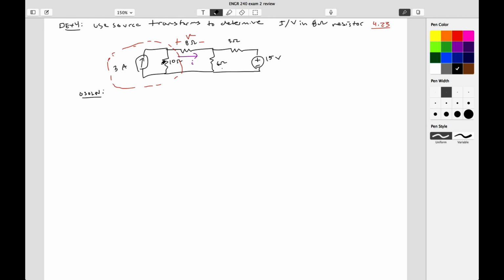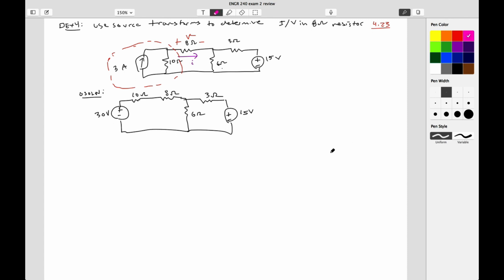You have a 3 amp source with a 10 ohm parallel resistor, and so we find a new voltage source for that, which is 3 times 10, which is 30 volts. The resistor is now in series but retains the same value. This is an 8 ohm, and then we have this one here, and this is a 3 ohm. This is a 15 volt. And this one was 6 ohms.